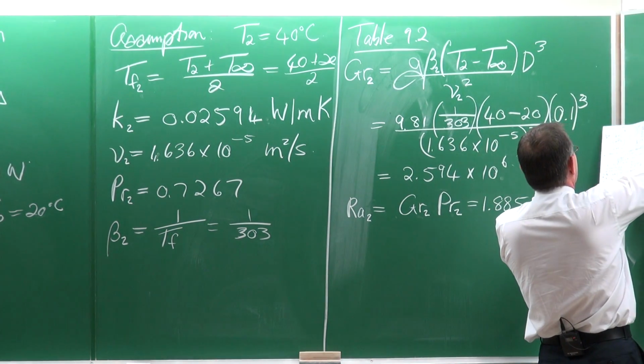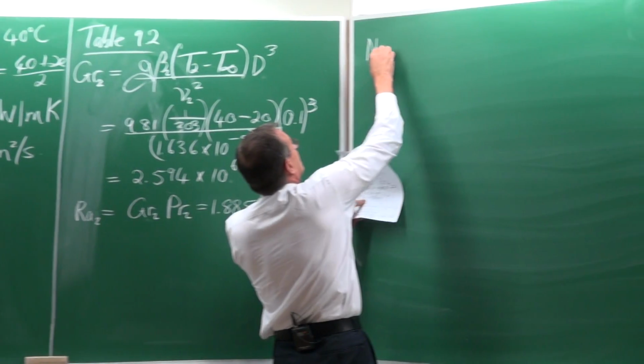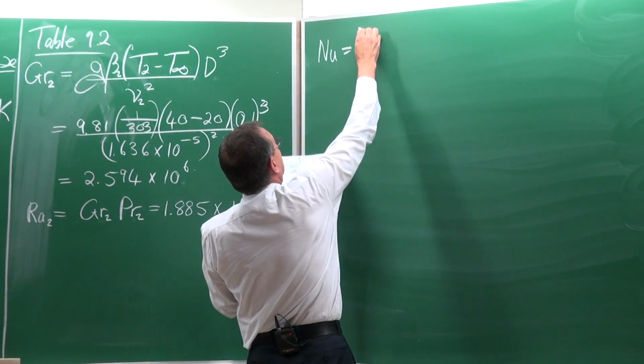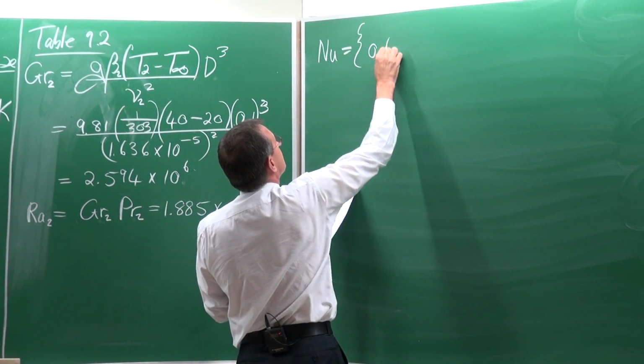So from table 9.1 we can get the Nusselt number equation that we have also used previously.